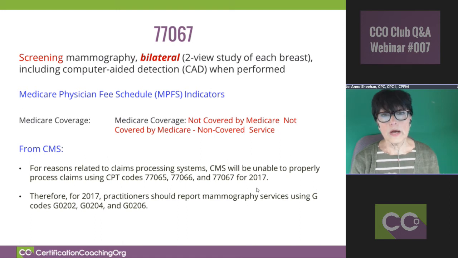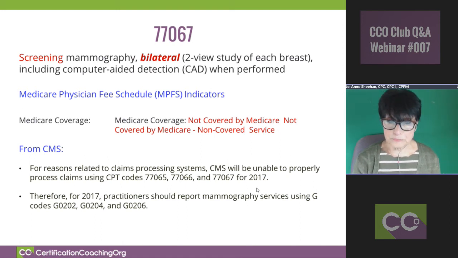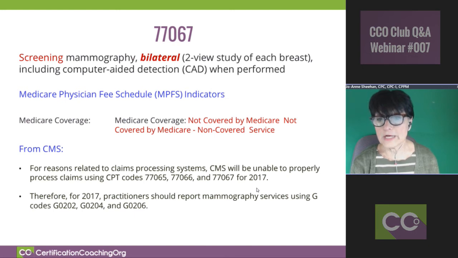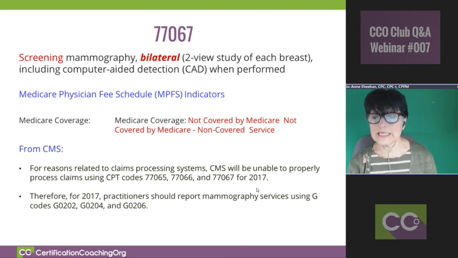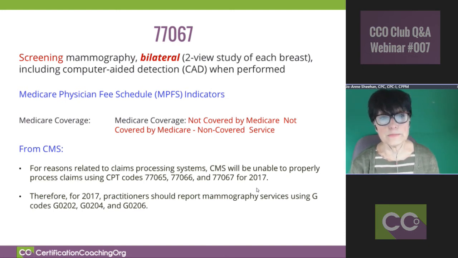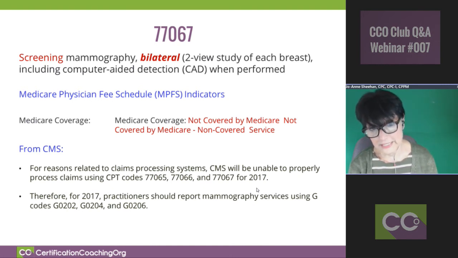Why? Well, from the CMS website and findacode.com and so forth: for reasons related to claims processing systems in 2017, CMS will be unable to properly process claims using these CPT codes 77065, 77066, and 77067 for 2017.